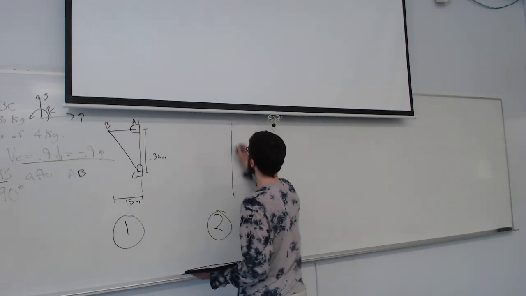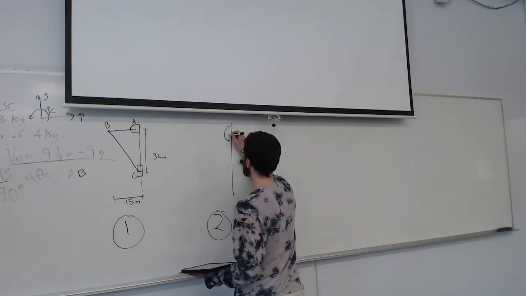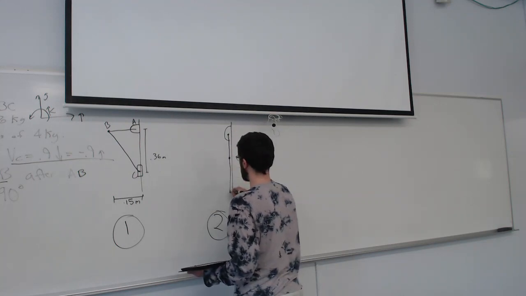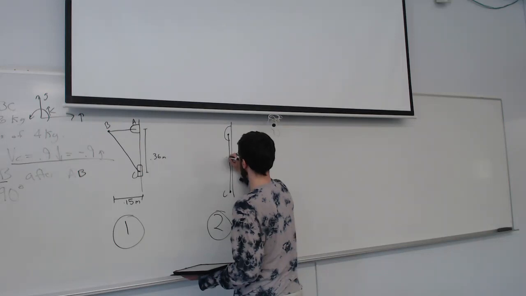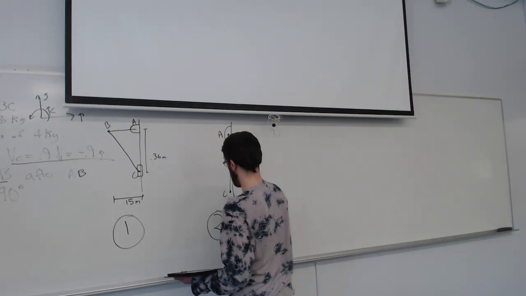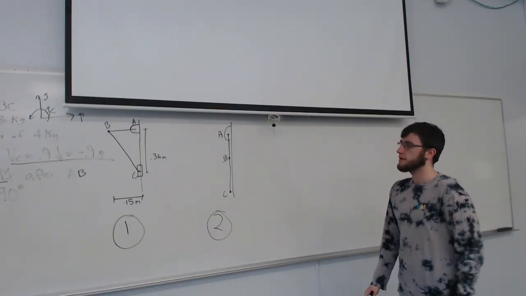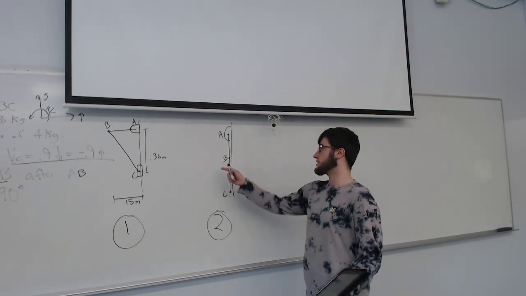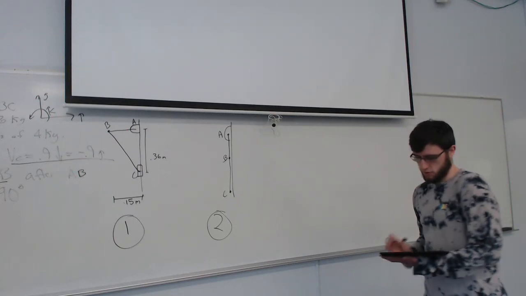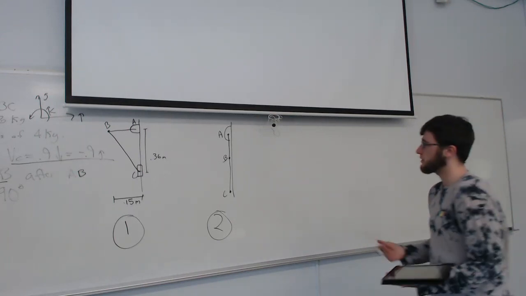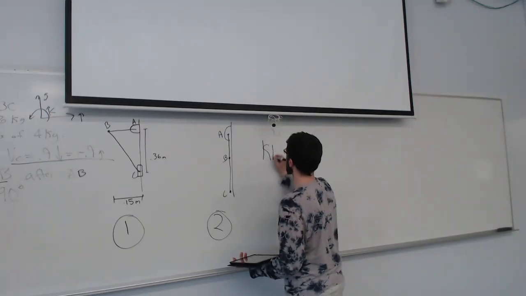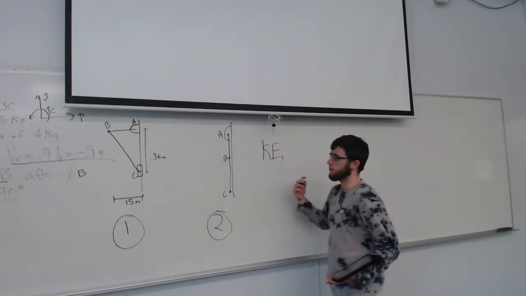So now this is our system. This is state 2, and we're trying to find the velocity of this point right here once it's in this state, right? So you have two states. This is the textbook definition of when to use work energy.